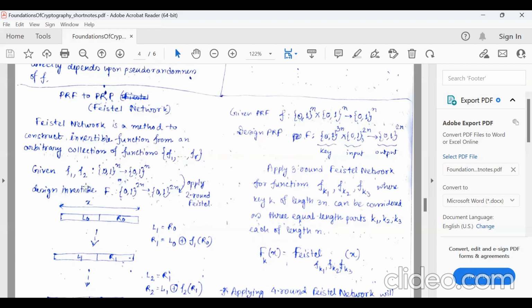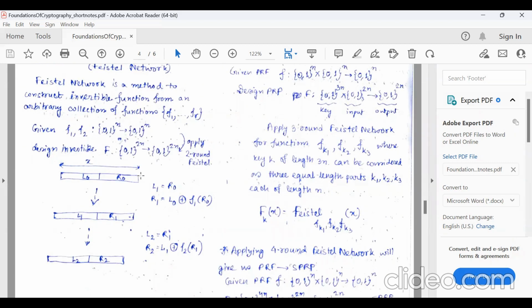So in general, the Feistel network behaves as follows. Let's say you are given two functions f1, f2, each mapping some n bit input to n bit output, and you want to design an invertible function capital F, which maps 2n bit input to 2n bit output.